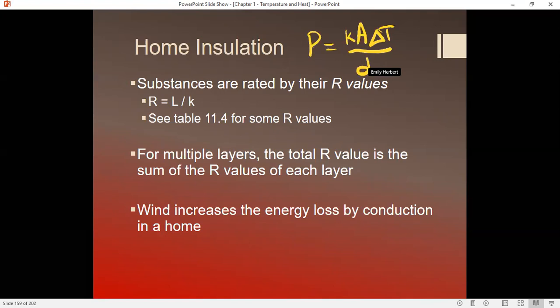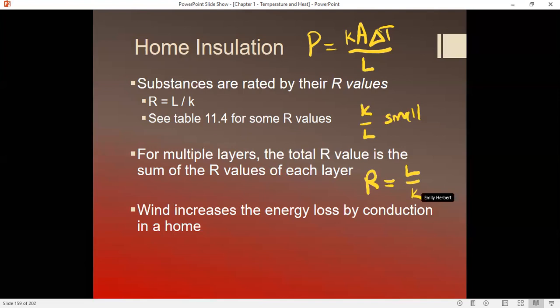Let me change that D, by the way, to an L, L being the thickness. If we wanted to take into account the insulating properties of something, we want K divided by L to be small. Now, the inverse of that is what we call the R value. R is equal to the inverse of K over L, or L over K.